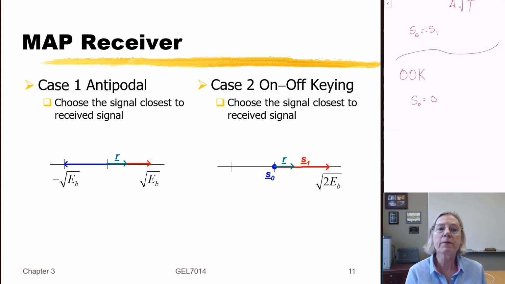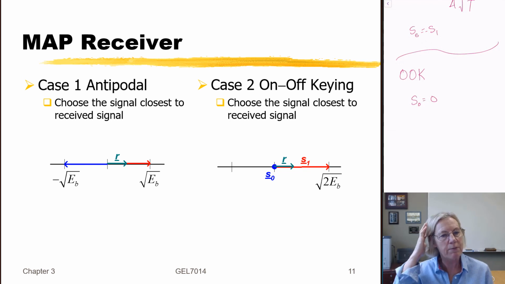Before I calculate the performance, though, my first tip-off was this distance, and I have a suspicion. Before I do that, I have to ask myself, what is the MAP receiver? And in this case, assuming that they have equal priors, it would be to just choose the signal that's closest to the received signal.